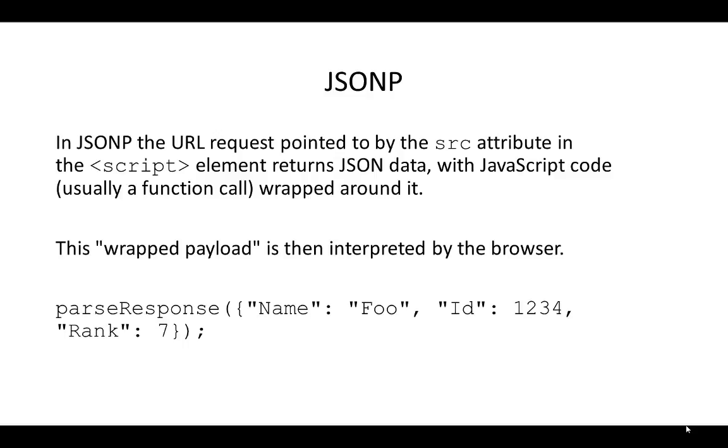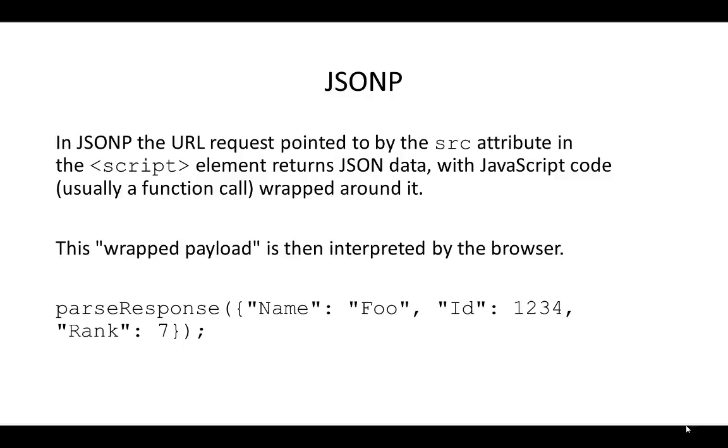So the browser thinks it's receiving a function, and it is, because the function is part of JavaScript, but embedded within that function is just data in JSON format. It doesn't contain a program. It doesn't define a program, it defines data. So basically, you get a wrapped payload, which is interpreted by the browser.